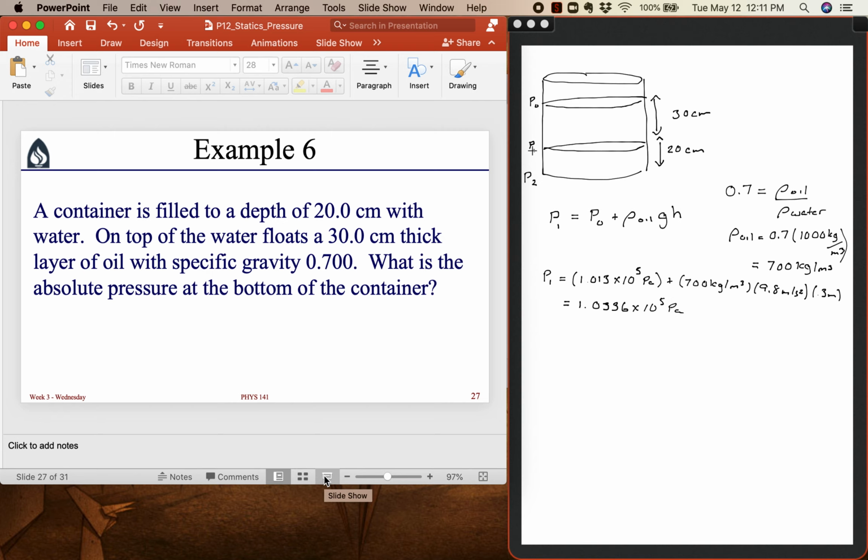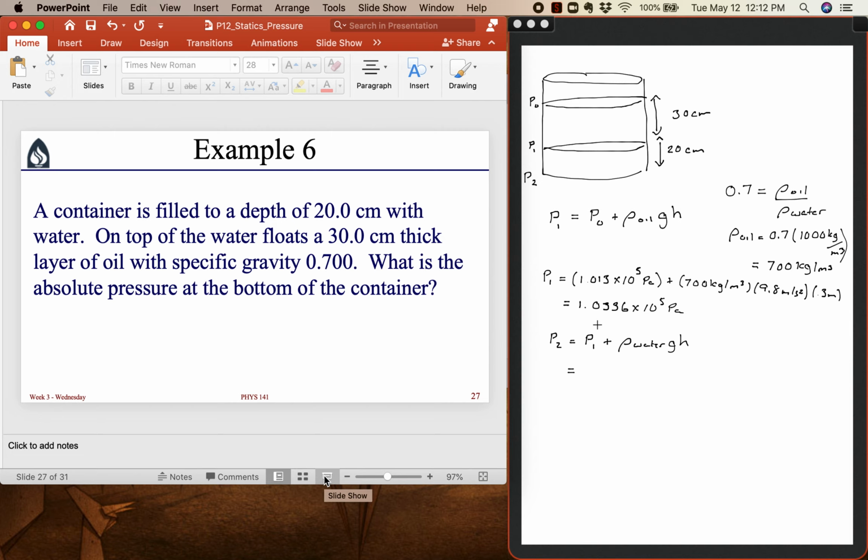All right, so now that we know the pressure here, we can find the pressure at the bottom of the water by comparing it with the pressure at the top of the water. So P2 is going to be equal to P1 plus the effect of the water, rho for the water, G, H, where H is the depth of the water.